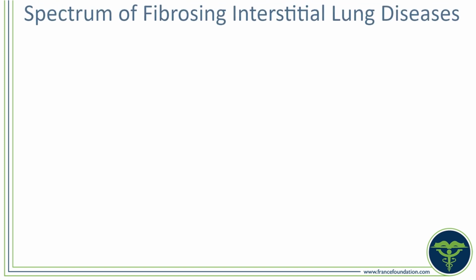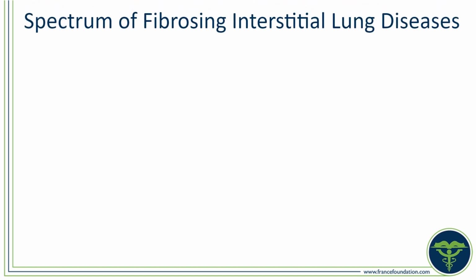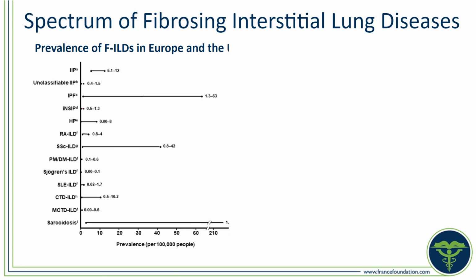There's a spectrum of fibrosing interstitial lung diseases, and a recent study that was published in 2021 demonstrated the prevalence of various fibrosing ILDs in both Europe and the United States. This study found that sarcoidosis had the highest prevalence, followed by idiopathic pulmonary fibrosis, and then SSc-ILD.